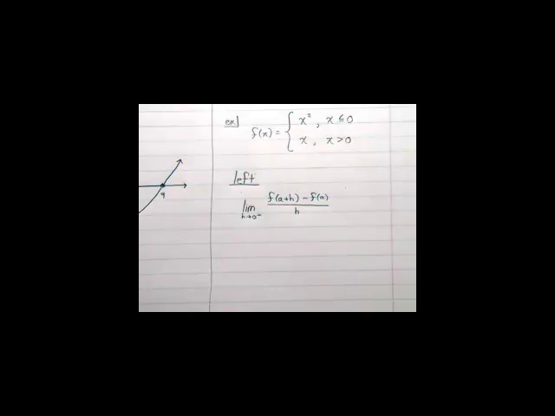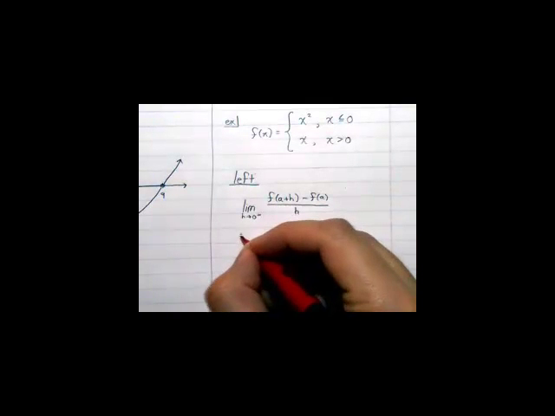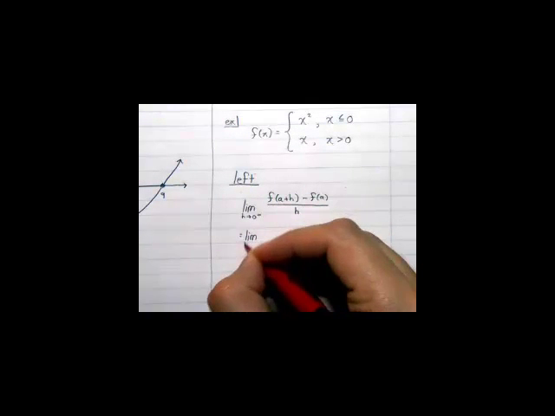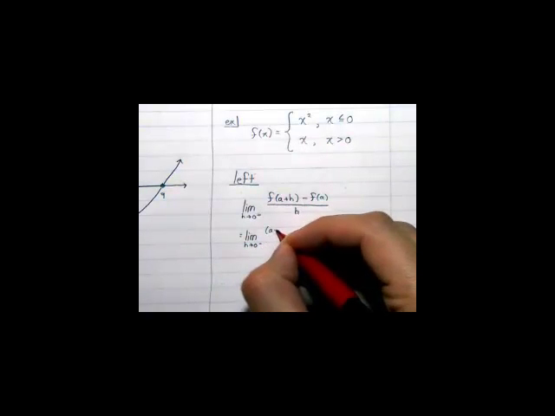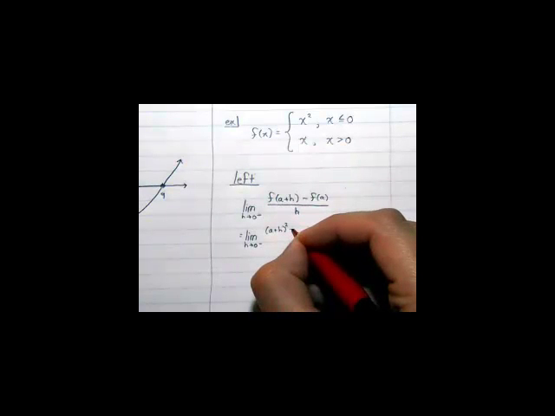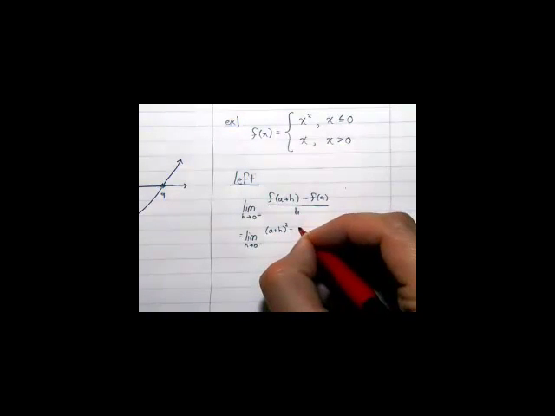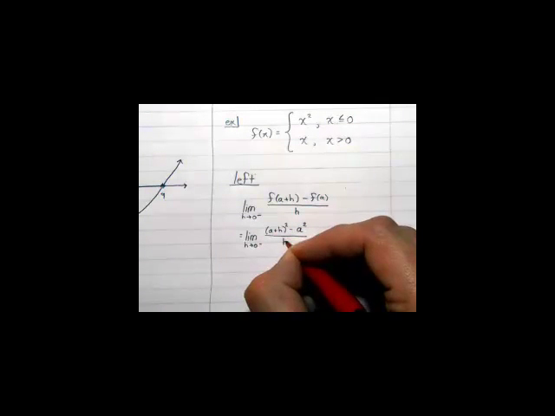So I'm going to use that piece in this limit to do the left-sided derivative. So that's going to be the limit as h approaches 0 from the left of (a plus h) squared minus f of a, which would be a squared, divided by h.